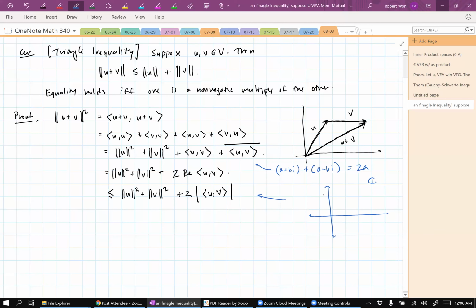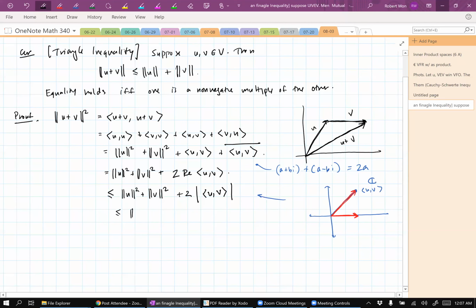So the inner product of u and v is just some scalar sitting out here. And the length of it is definitely bigger than the length of just the real part. No matter where on the complex plane you put that vector, if you look at the length of the real part, it's always going to be shorter because it's not going up at all. So that justifies that inequality.